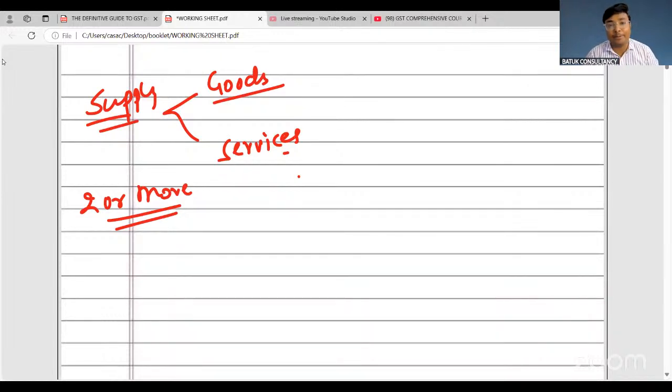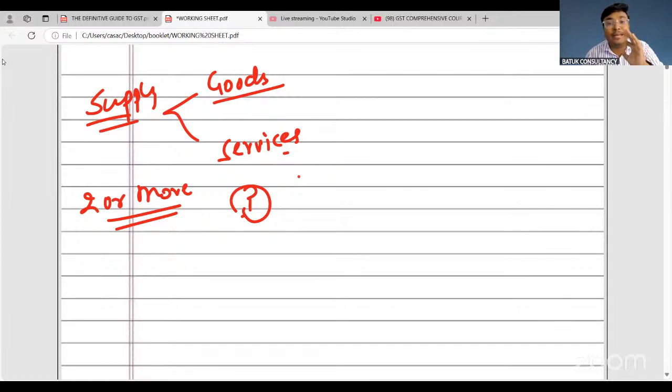So the question is what will be the rate applicable on that particular supply, because you are providing two products, one 18%, another 28%, and as you are providing both these products in one single bunch, you have to charge a single rate. So there is a confusion whether you have to charge the GST at the rate of 18% or 28%.